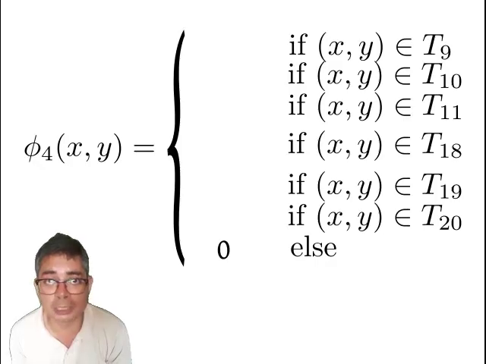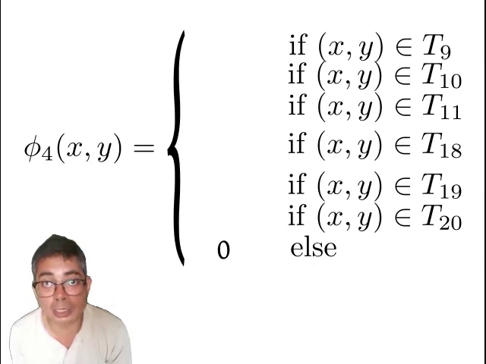Observe that this basis function is 0 everywhere except on the triangles adjoining this particular node 4. In this example, there are exactly 6 such triangles. So you can understand that the formula for phi_4 will be of the form something if (x,y) happens to be in any one of these 6 triangles and 0 otherwise. It must be of that form.